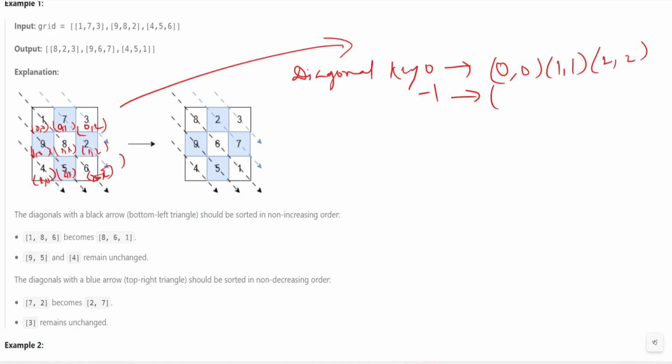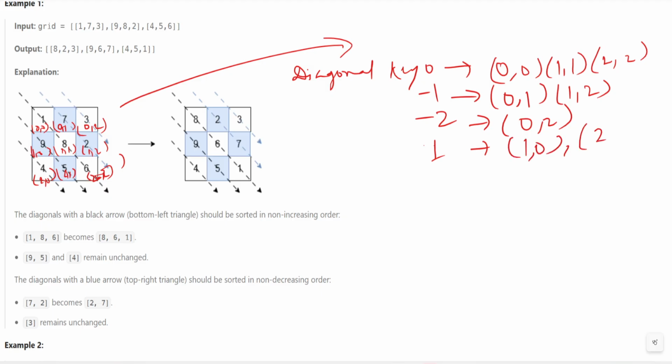In this case, we'll take 0 1 and 1 2, correct? Then let's suppose it's -2, we'll say 0 2. If diagonal key 1 is coming, we'll say 1 0 and 2 1. If the diagonal key is 2, there is only one value. This is what I was saying, that we'll use the diagonal key.